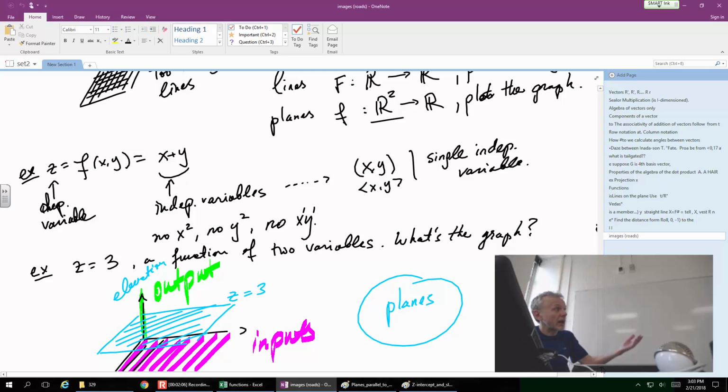The input, the whole xy plane, is made of points or vectors on that plane, and the output is z. So x and y are on one side and z on the other side, and they should not be mixed up. Same applies to lines, by the way.